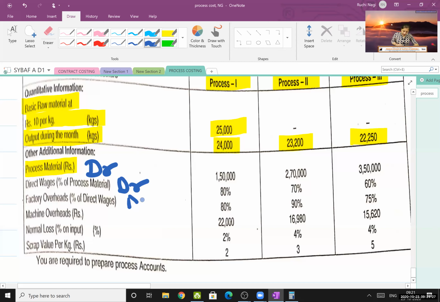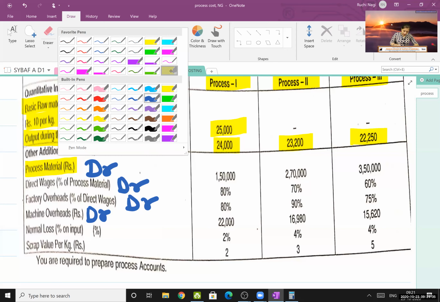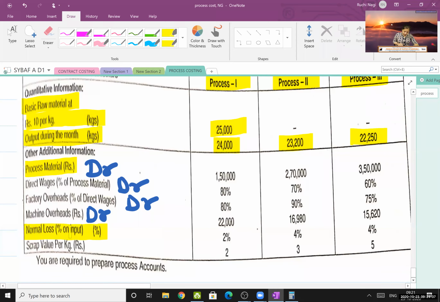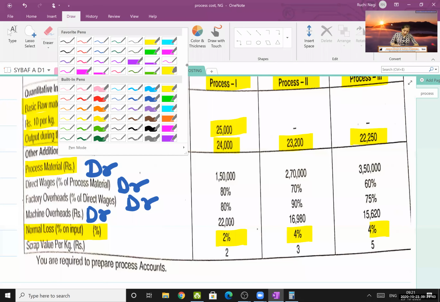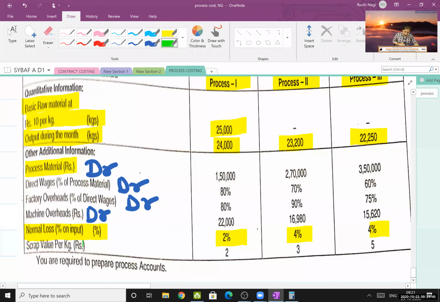Factory overheads, I will debit. Machine overheads, debit. Machine overheads means factory overheads. Normal loss is given. Okay, normal loss is given in percentage: 2%, 4%, 4%. And look, the scrap value is also given below. They are giving you the scrap value also: 2 rupees, 3 rupees, 5 rupees.